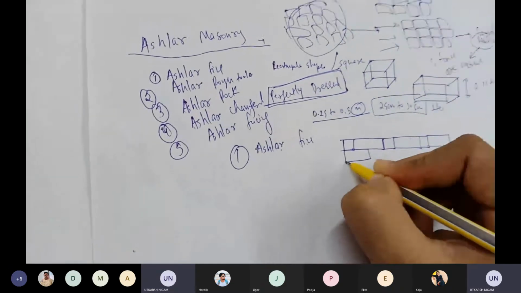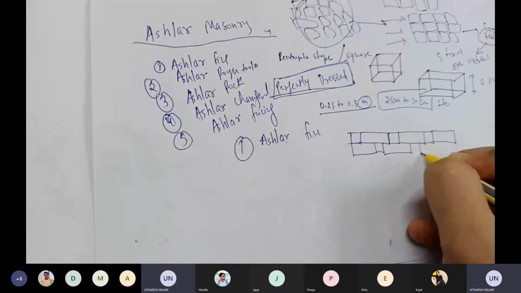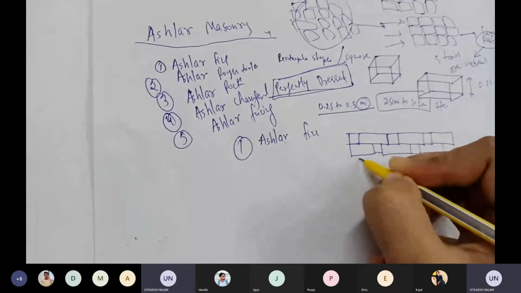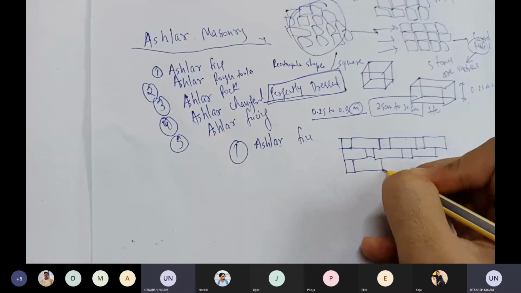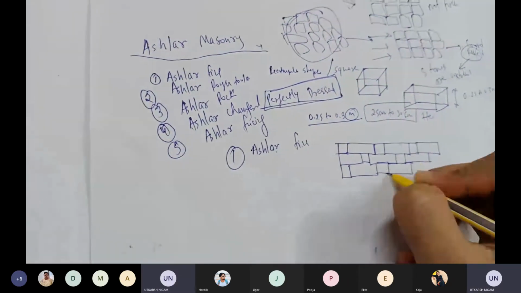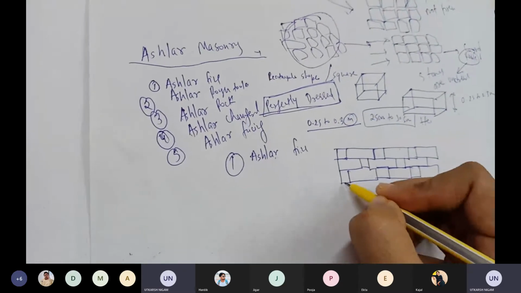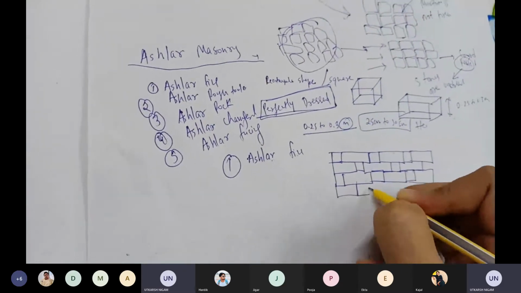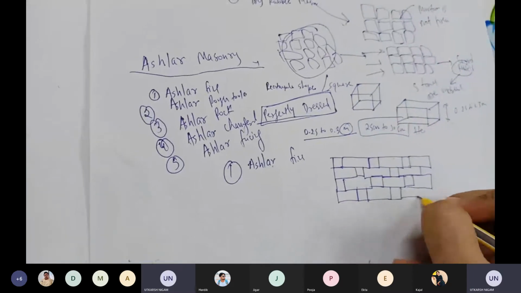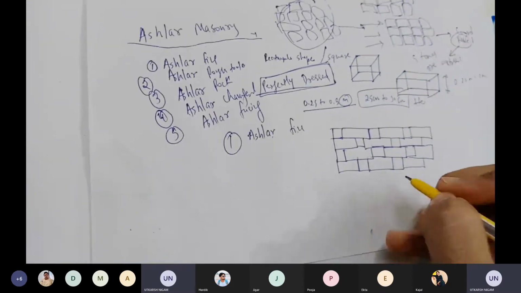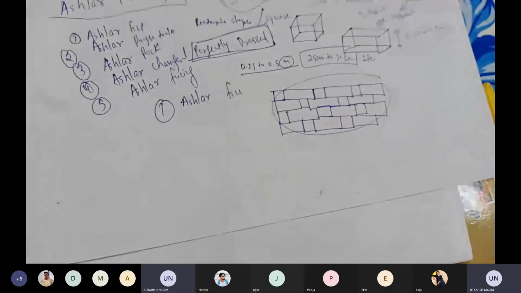In such a way it is ashlar fine. This is one type of characterization, and you need to understand that this perfect fine pattern is being observed.